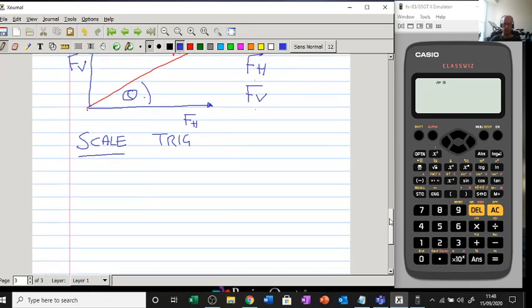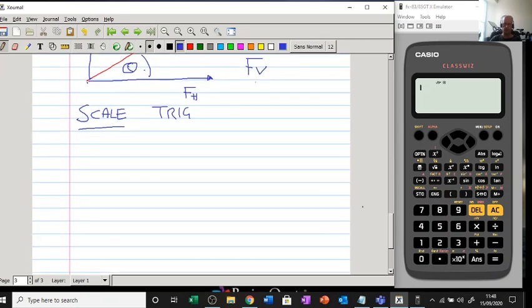So, go back to my triangles. Here's my triangle. This here could be my resultant force, a straight line like that. And this is my horizontal, and this is my vertical. Here's my angle.